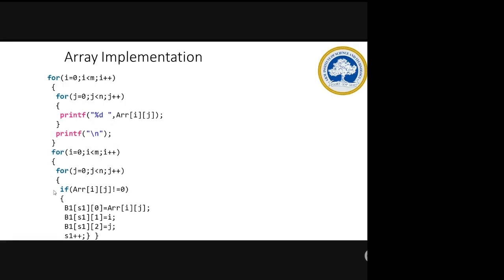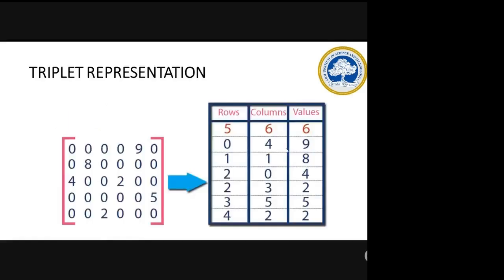So how it is getting printed is: for i equal to 0 to M, and then for j equal to 0 to N, if my particular value in the array is not equal to 0, then I take the row and column, that is array of i comma j, where this is my ith value and this is my jth value.